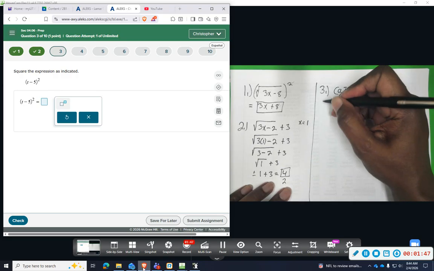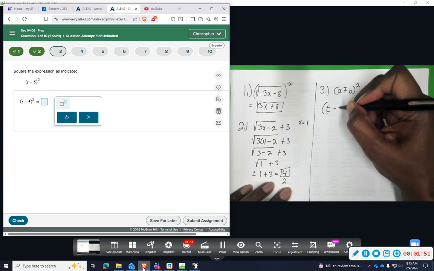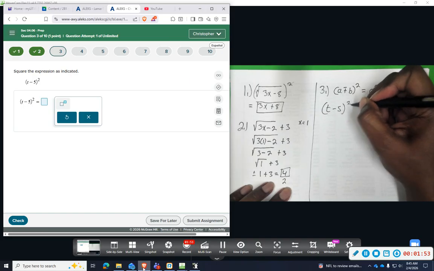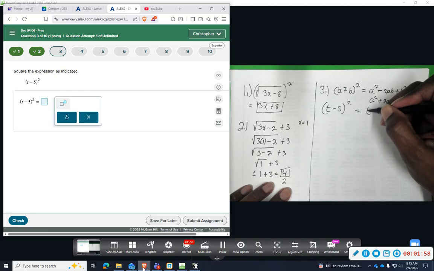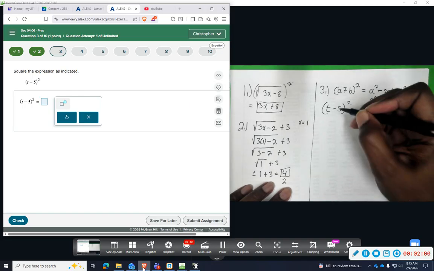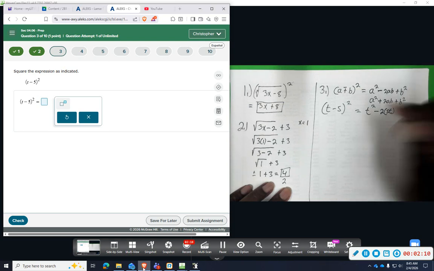So for t minus 5 squared, okay, we're going to do this formula. We're going to square the first term, so t squared, multiply t times 5, and now it's a negative, so I'm going to have a minus, and I'm going to do 2 times 5t, okay, 5 times t.